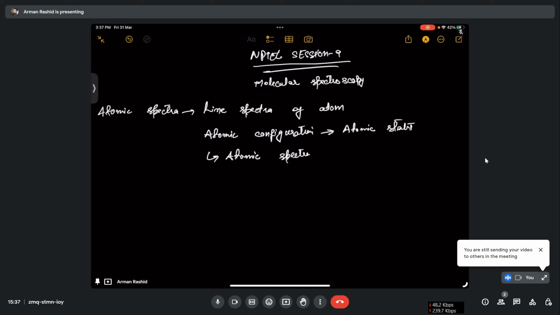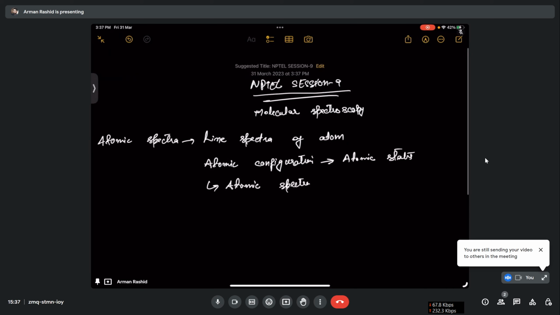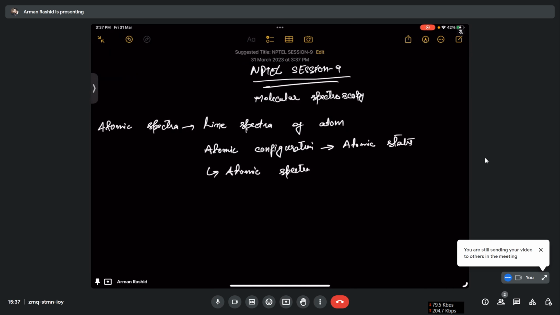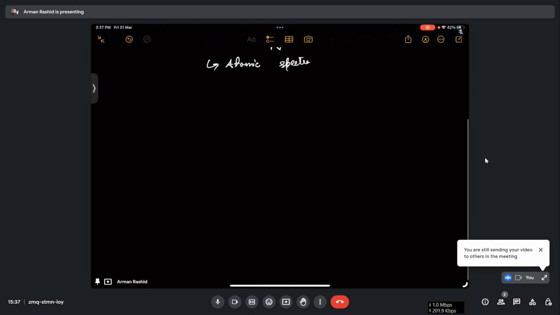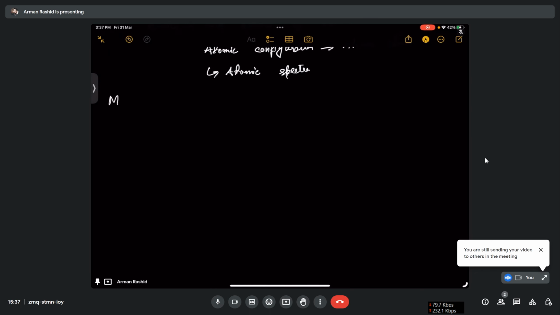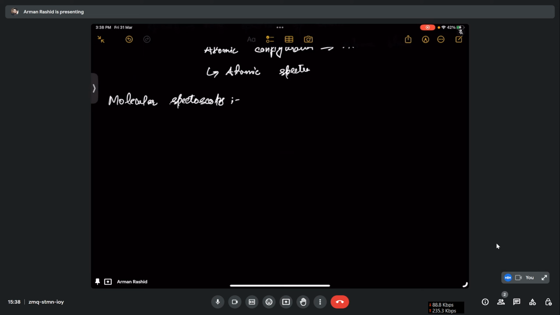Now we have a little more complex topic, that is molecular spectroscopy. As I told you already, molecular spectra are complex because of the different degrees of freedom.